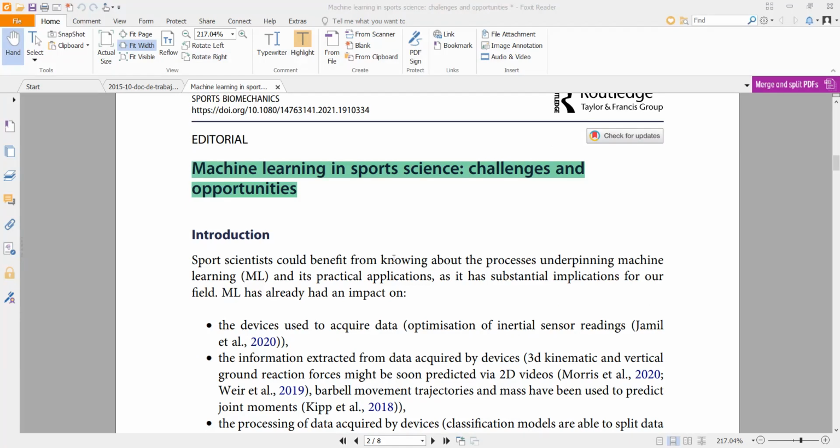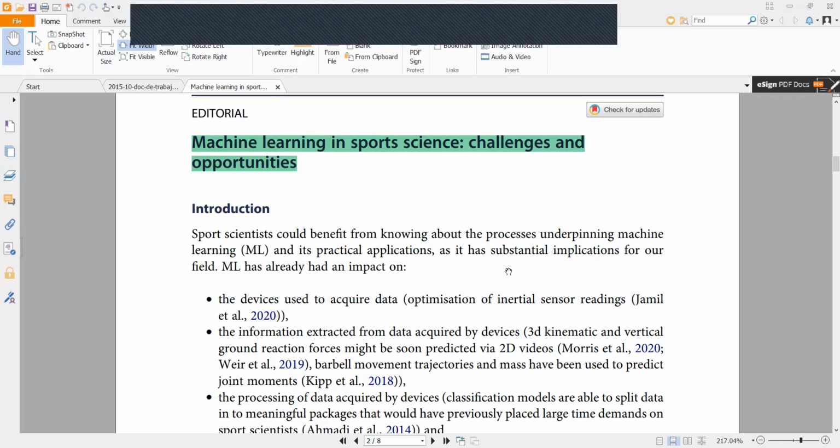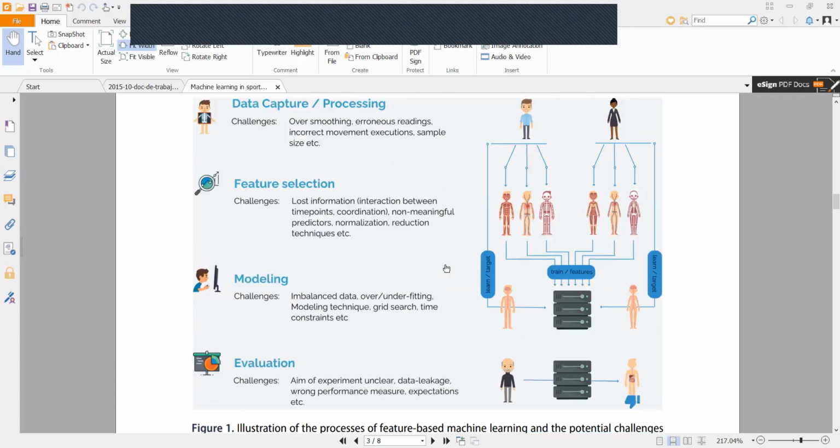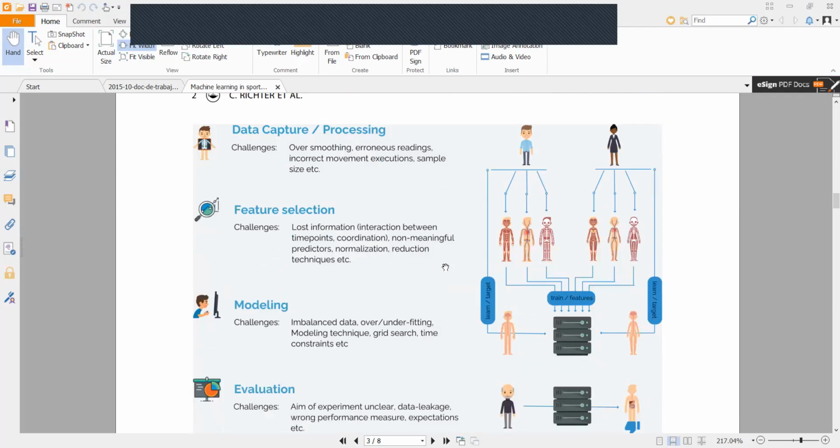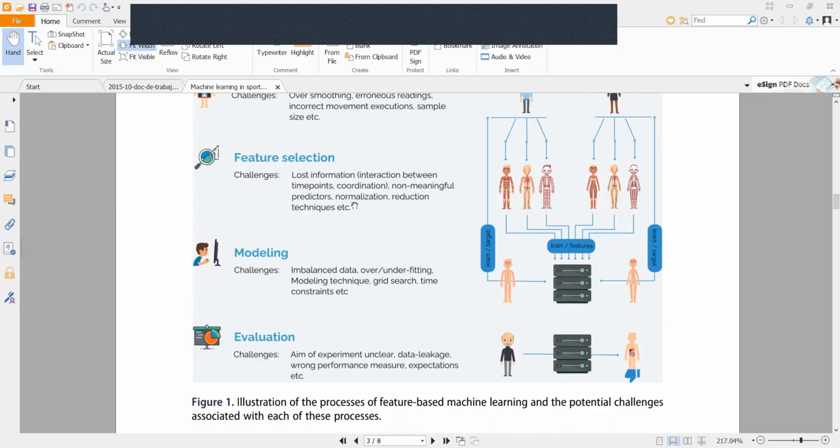models. As a matter of fact, sports scientists could benefit from knowing about the processes that support machine learning techniques and their practical application, and it has connection in this field. We can see here in Figure 1 the processes of feature-based machine learning and the potential challenges associated with each of these processes.